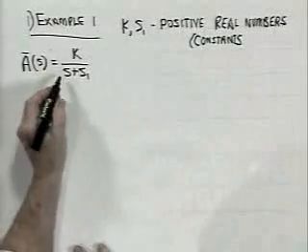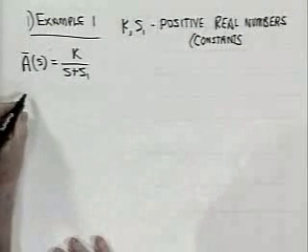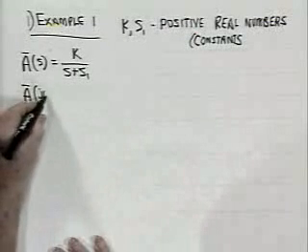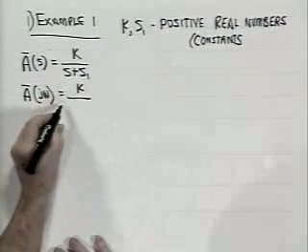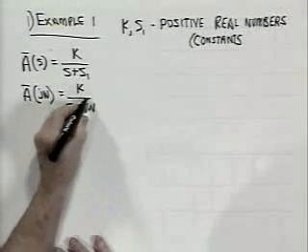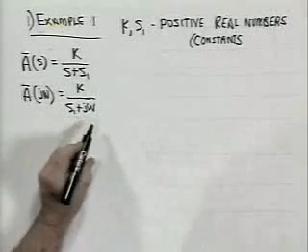S equal j omega represents the frequency dependence. So if I substitute j omega, A of j omega equals K over s1 plus j omega. Now I recognize that I have reversed the order of the terms in the denominator.